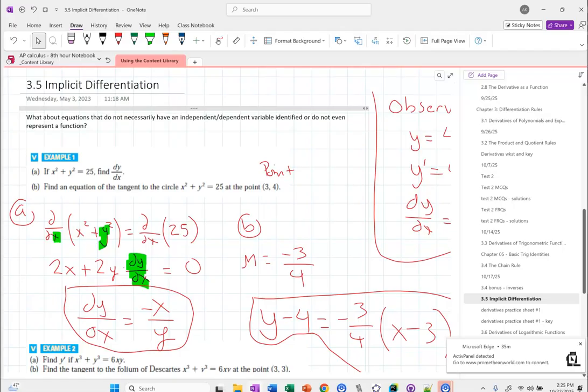If I take the derivative of the square root of 25 minus x squared, that's a chain rule underneath there. It's going to get pretty nasty. Eventually it'll simplify down to negative x over y, but look how easy that fell out when I didn't bother trying to separate the x and y. Is that okay? Let's look at another example.